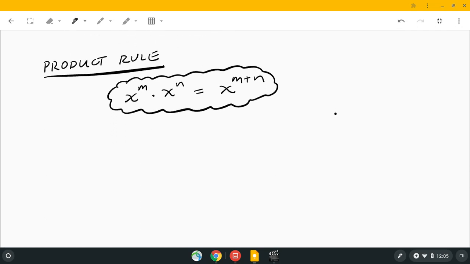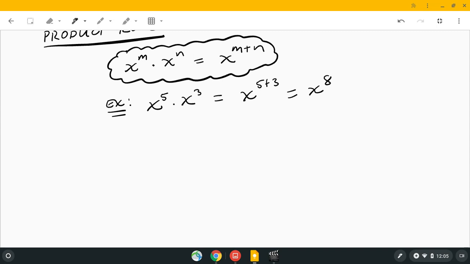Okay, so for example, if I have x to the fifth times x to the third, then according to this product rule, I'm taking the product of like bases, then I can add my exponents, and that would just give me x to the eighth.